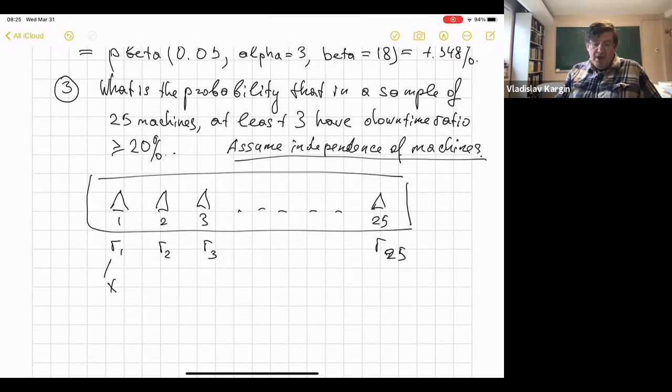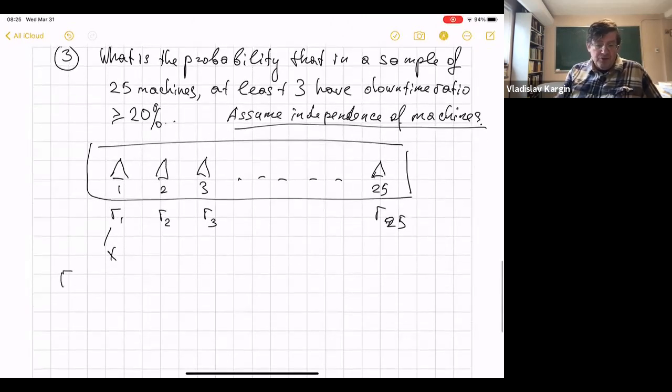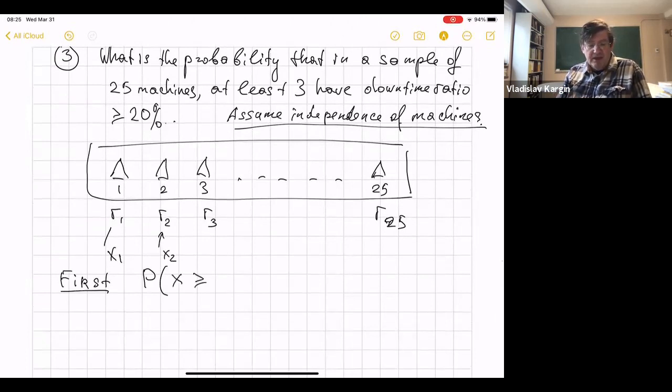The first thing to figure out is the probability that one individual machine is defective. This would be X1, X2, and so on, but they are all the same, so it's the probability that X is greater than 20%, the probability of finding a defective machine in one trial.